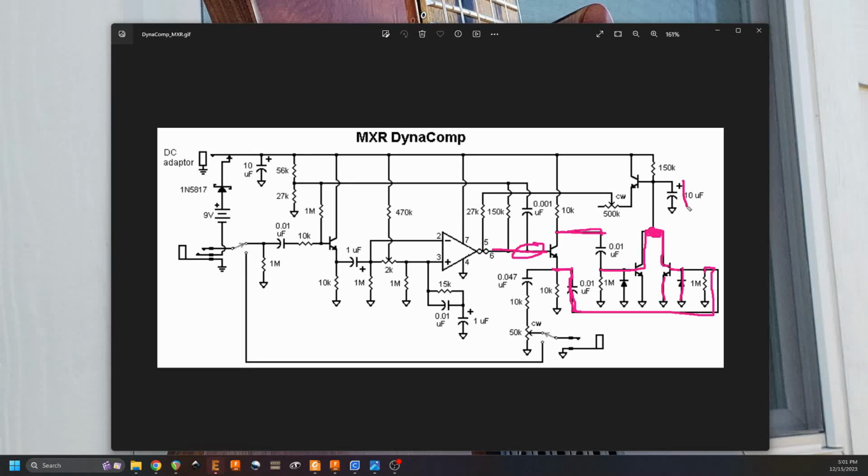This capacitor right here is going to stabilize this voltage. It's going to filter it so that it's DC. And this resistor right here acts not only to provide the power to our transistors, but it's also going to serve as controlling the attack of the compressor.